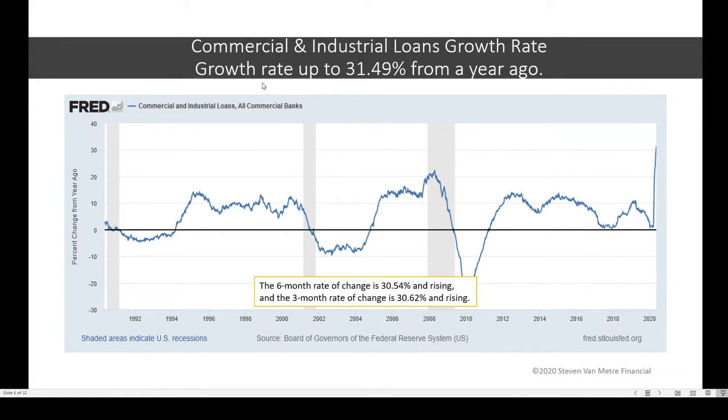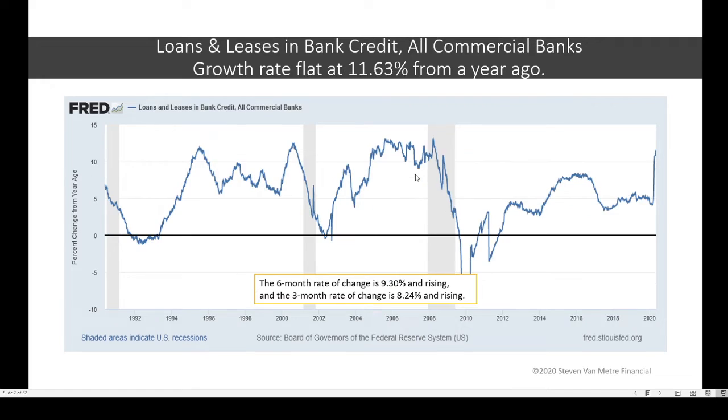Commercial industrial lending. Now this is still moving up, but it's slowing down its pace as well. It's still ridiculous. I'll assume at some point some of this is paid back. Some of it's defaulted on. Who knows what's going to happen here, but this is not going into growth. And loans and leases and bank credit at all commercial banks, the growth rate is roughly, actually, I forgot to update this.